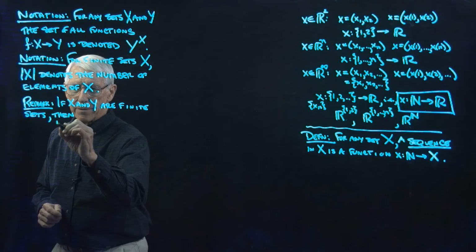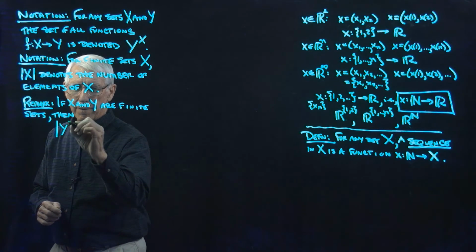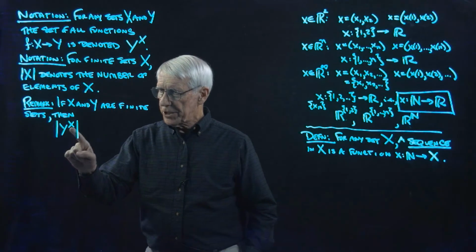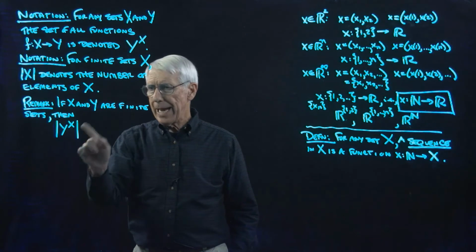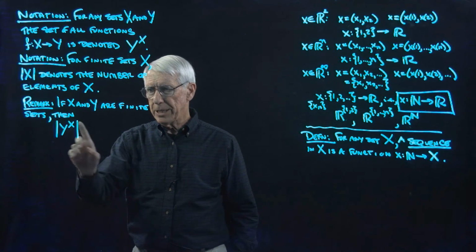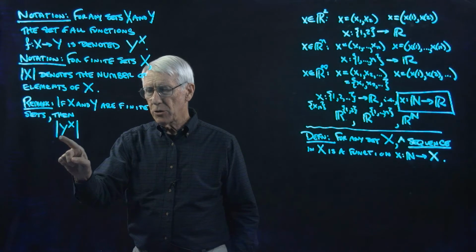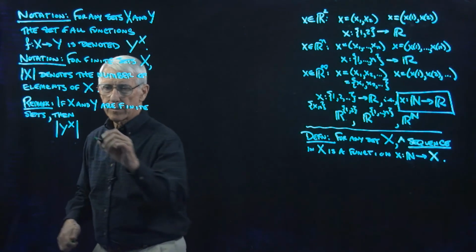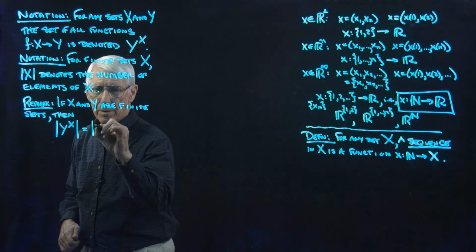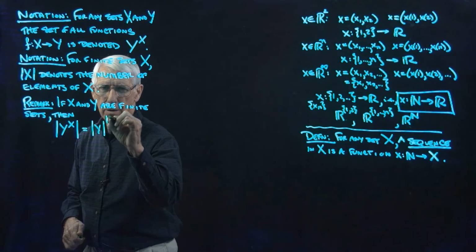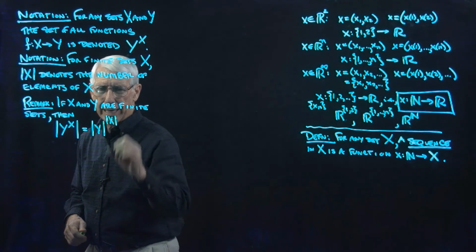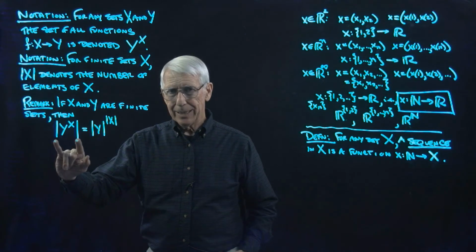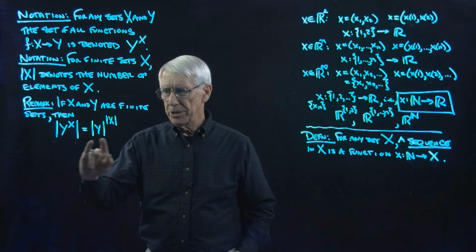That is that the set of functions from X into Y, remember they're both finite sets, the set of functions going from X into Y, the number of such functions, again, these are sets, not numbers, and this is not the absolute value. This is the number of elements in the set.